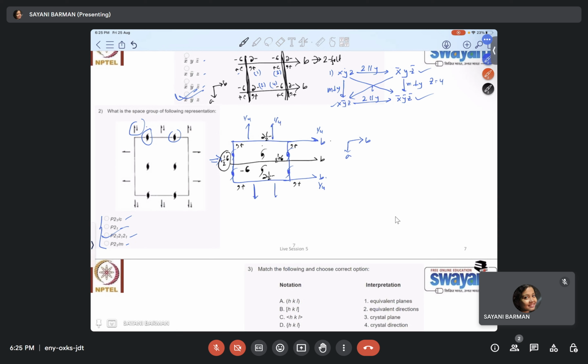Okay. So now we can say, what are the equivalent points that we are getting generated? One inside the unit cell only. One, this is two, this is three, this is four. Then one is XYZ. Two is half plus X, like translation along A axis.